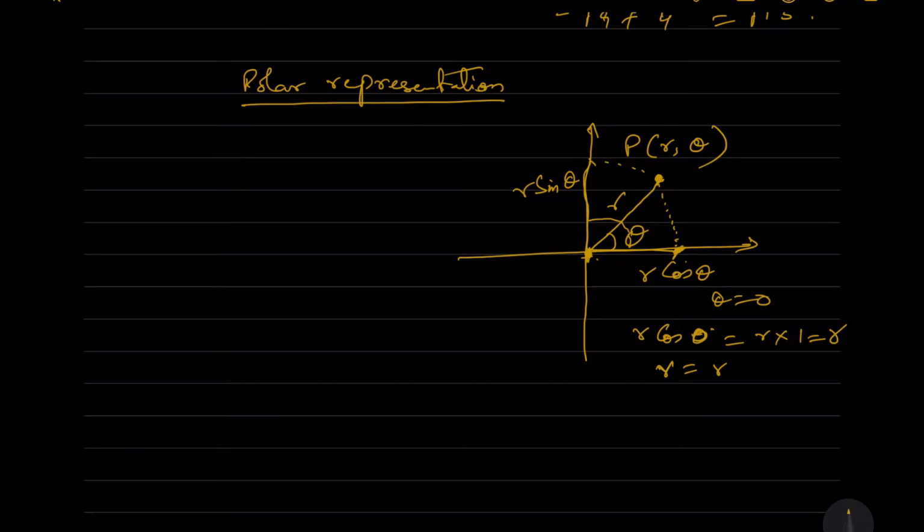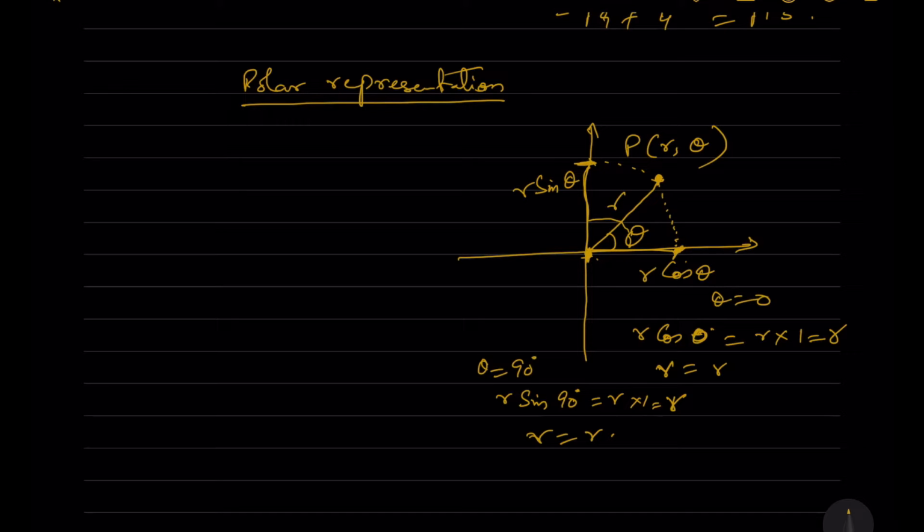So therefore you are getting r sin theta. Here theta is equal to 90 degrees. So r of sin 90 degrees, which is equal to r into 1, which is equal to r. So you are getting this distance from here to here, definitely if this line comes and overlaps with this, it is nothing but distance r. So therefore we are getting r is equal to r. So that's why r sin theta we are taking on the y axis, and r cos theta we are taking on the x axis.